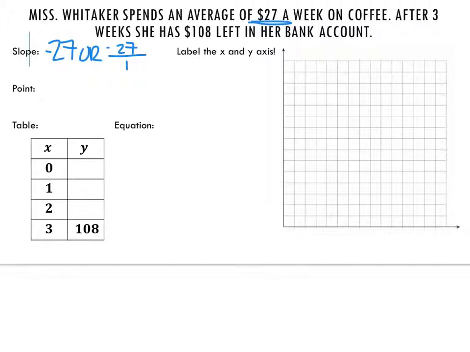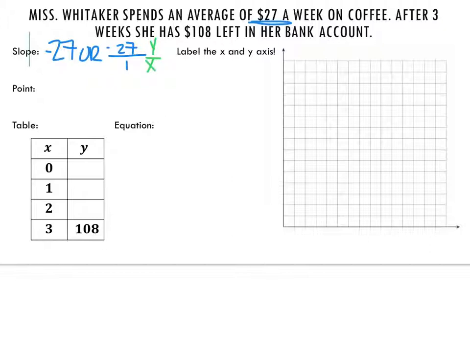Now for the point. Usually we're given a y-intercept, so a starting point. But this time we're given a random point. So if you look at the second sentence, it says after 3 weeks, she has $108 left in her bank account. Remember how slope is the change that's happening in y all over the change that's happening in x.